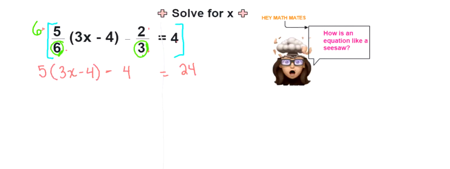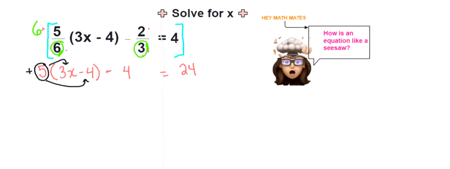Let's go on. Next, we need to look at what's in parentheses. I have 3 times x minus 4. These two terms are not like, so I can't put them together. So the next best thing we can do is take this 5 on the outside, it's a positive 5, and multiply it by everything inside.